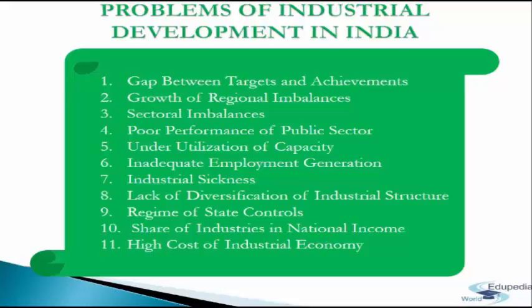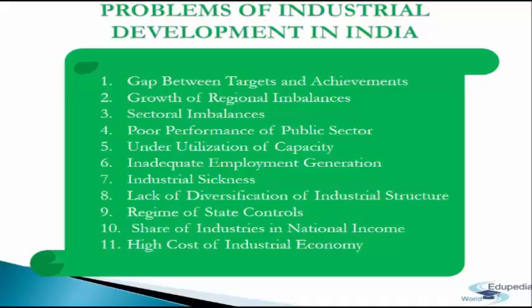Next point is industrial sickness. A number of industries are plagued by sickness, which in some cases is due to bad and inefficient management. The pattern of industrial development has not been substantially guided by cost consideration. In a regime of protection from international competition, industries have tended to get established at suboptimal capacities, resulting in a high-cost industrial structure.